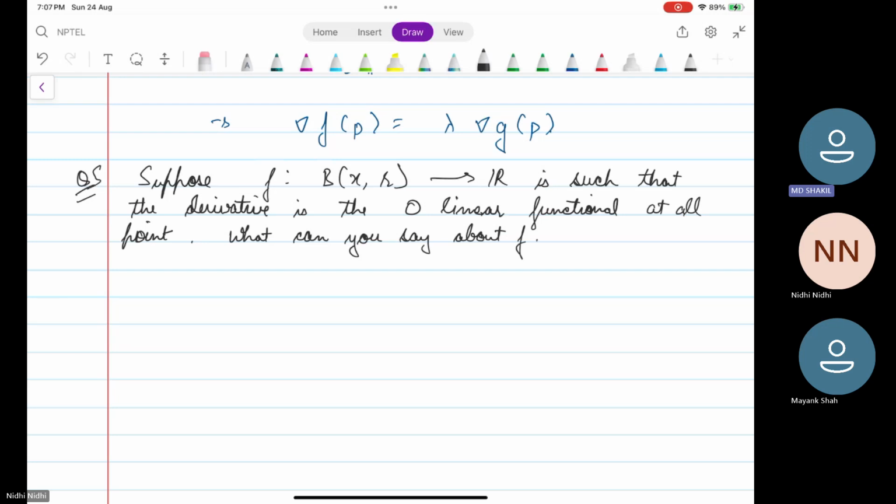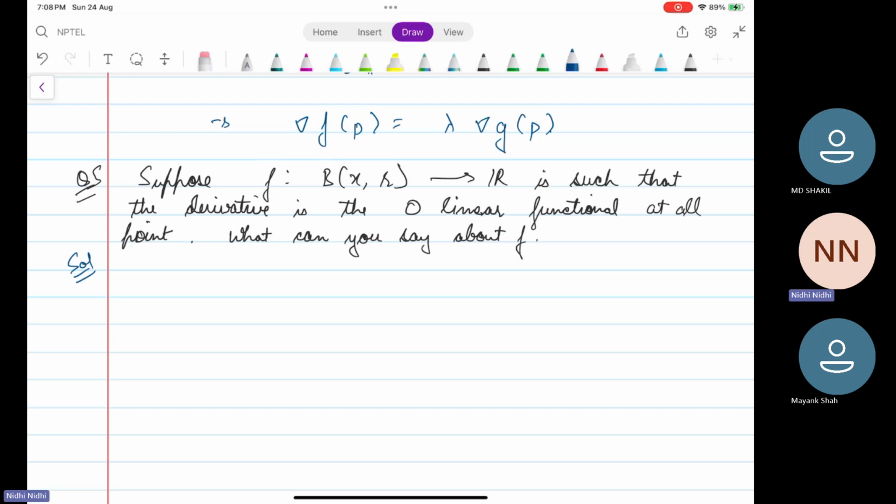The function is constant. Yes, because our domain B(x, r) is a connected set, and the derivative is zero. So it seems that the function should be constant. So let's see how to show that this is constant.